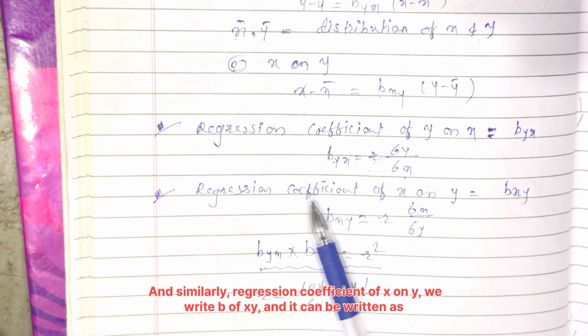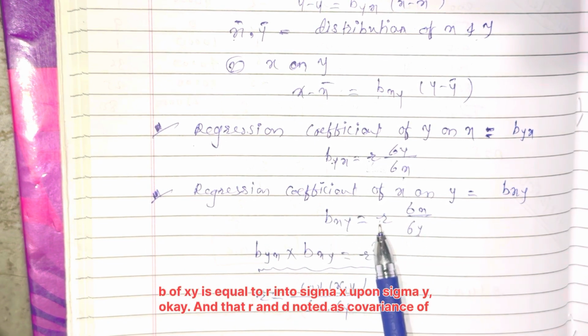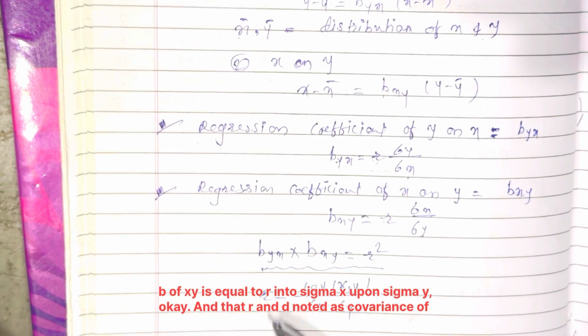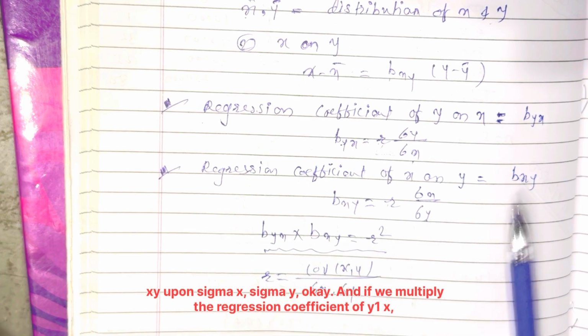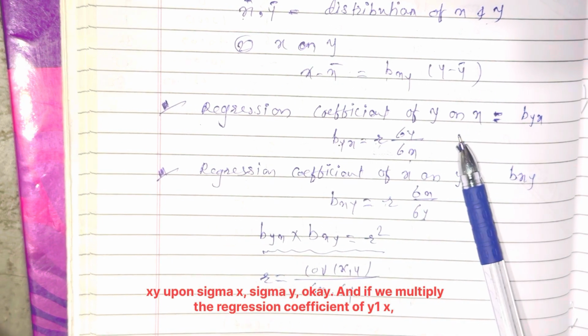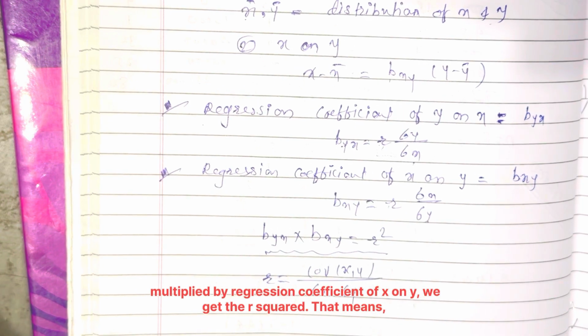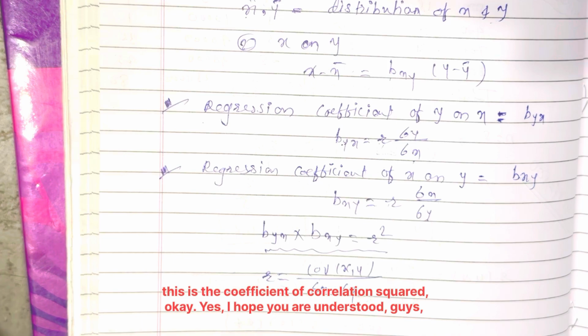Similarly regression coefficient of x on y, we write b of xy, which is equal to r into sigma x upon sigma y. And that r is denoted as covariance of xy upon sigma x sigma y. If we multiply regression coefficient of y on x by regression coefficient of x on y, we get r square, that means the coefficient of correlation square.